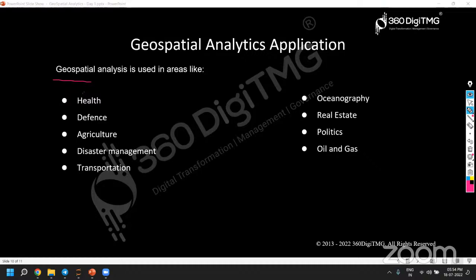So keep watch out for the space, and tomorrow again we will connect and we will discuss the applications part. Along with the applications, we'll also try and bring in the analytical concepts which are specifically used in spatial analysis.